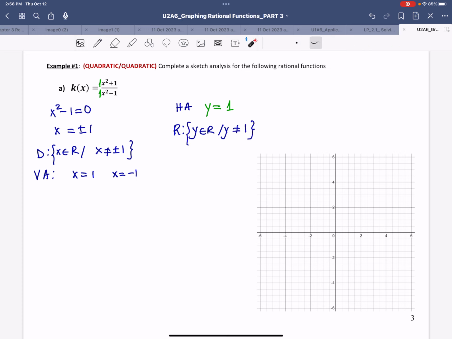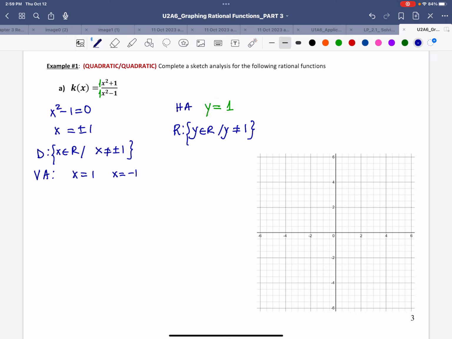Now, we have to be very careful with this, because as we explore more rational functions with a variety of types of equations in numerator and denominator, having a horizontal asymptote doesn't necessarily mean it's a restriction in the range of the function. While vertical asymptotes are never crossed, horizontal asymptotes may be crossed in rational functions. Not in this particular one though, but we have to wait until we sketch the graph in order to determine whether or not the horizontal asymptote will actually set a restriction for the range.